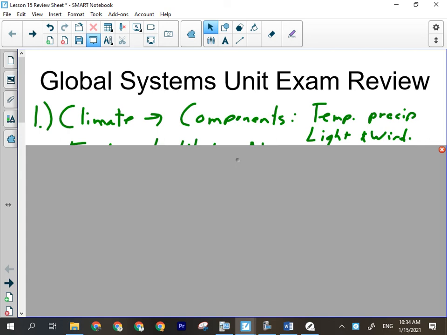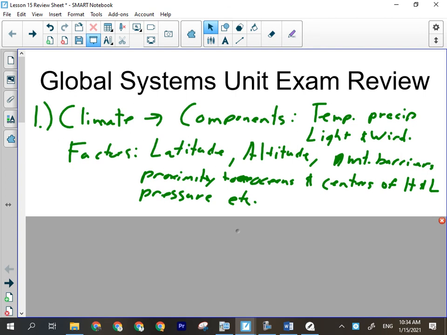What you will have to do is, based on that city's location, tell me what the components of climate would be like in that city based on what factors would most affect its climate. Exactly what you were asked to do in your Climatograms activity.